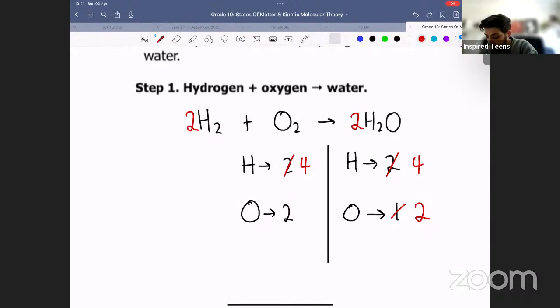Let's do some more examples. Equations to balance. Let's not look for an extremely difficult one. Let's do some easier ones.